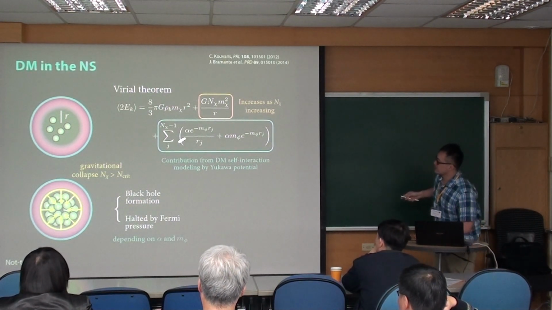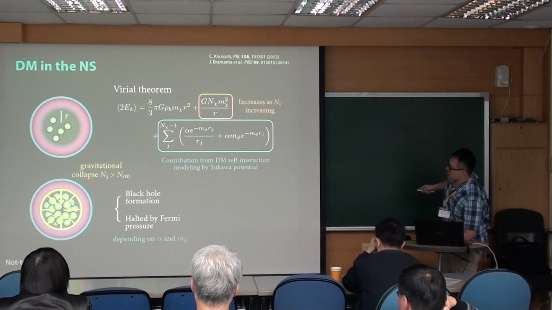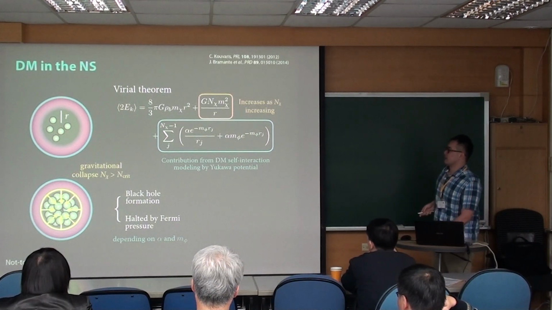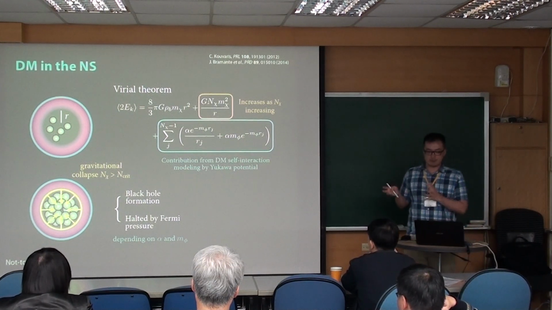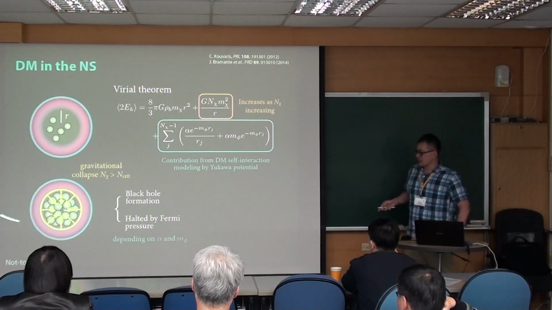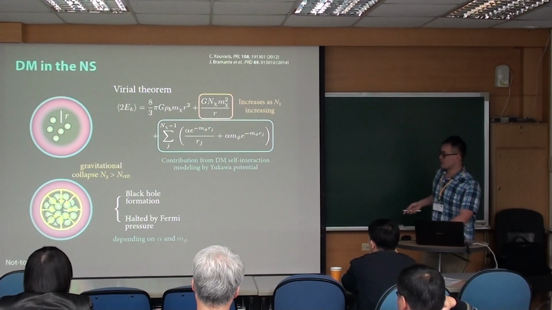On the other hand, because we assume there is an additional attractive contribution from the Yukawa potential, the Yukawa potential plus the dark matter self-gravitating potential can in principle overcome the Fermi pressure, and then the collapse will continue. So a black hole will form.